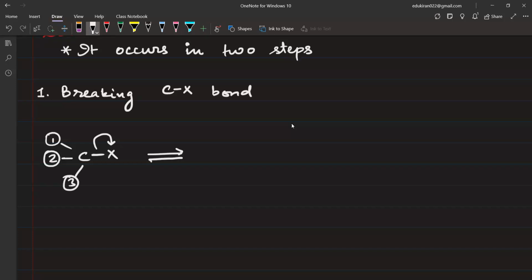Now, the electrons are moving to the halogen atom, and that is why this carbon atom will get a positive charge and become a carbocation, with groups 1, 2, and 3.